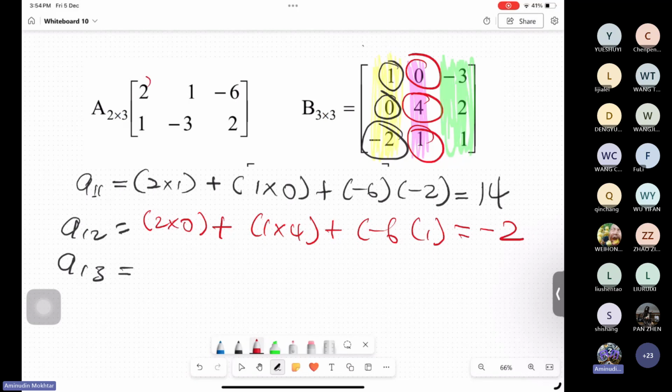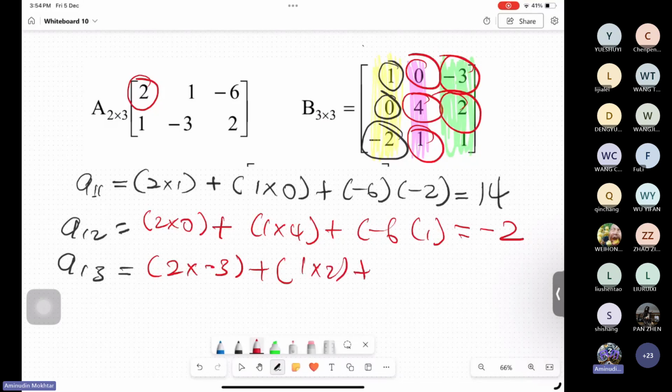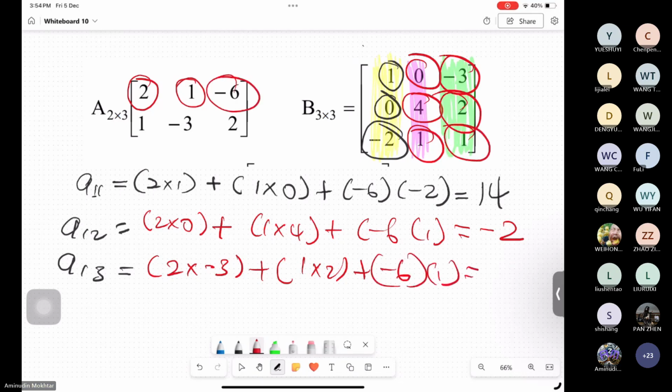So there is a positive 2 times negative 3, plus 1 times 2, plus negative 6 times negative 1. The answer is negative 6 plus 2 plus 6, which is 2. I hope this is clear, 2 times negative 6, there is a negative 10.